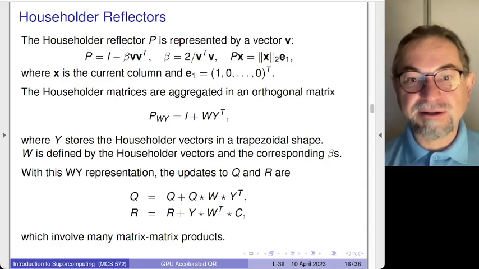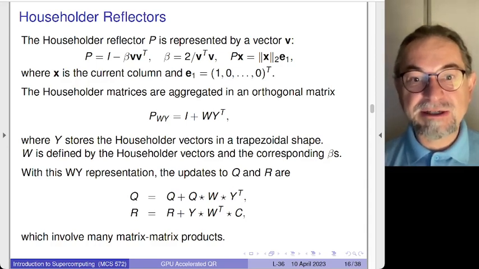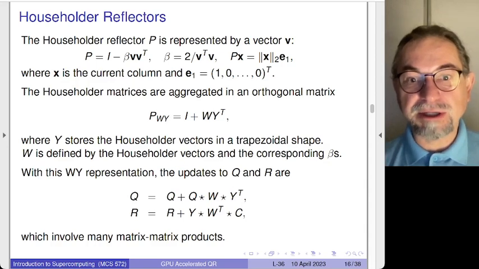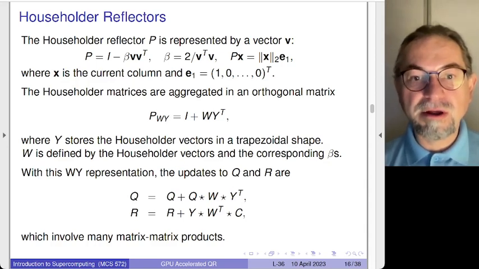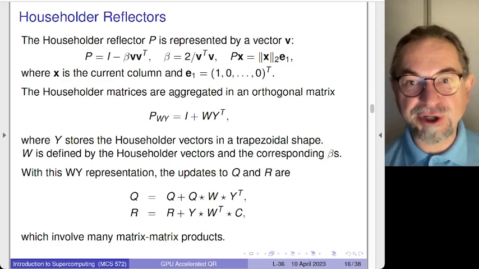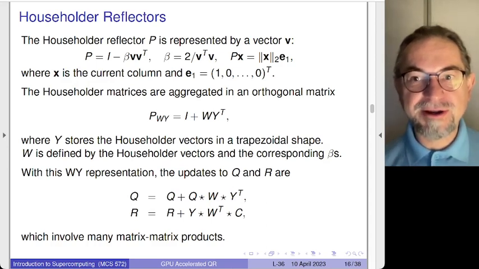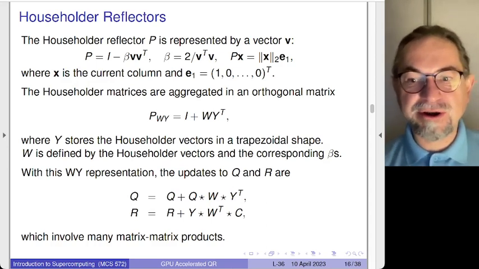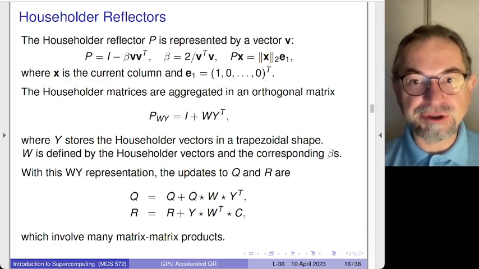So there are the matrix multiplications that will make it really suitable for GPU acceleration. So in a way, as the application part of this course, as we spent so much time on GPU acceleration with matrix products, you can see that this is really beneficial now.